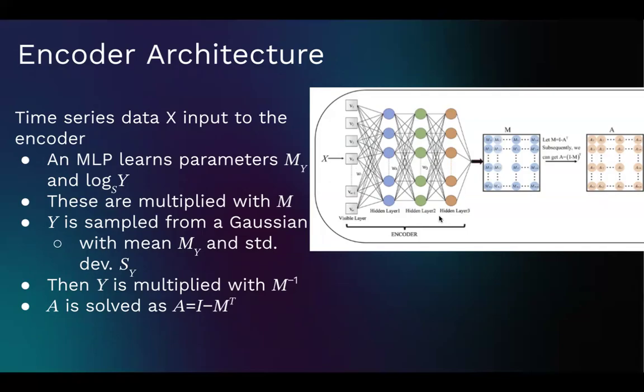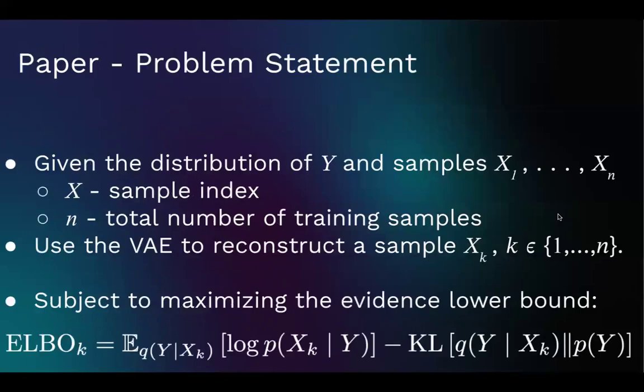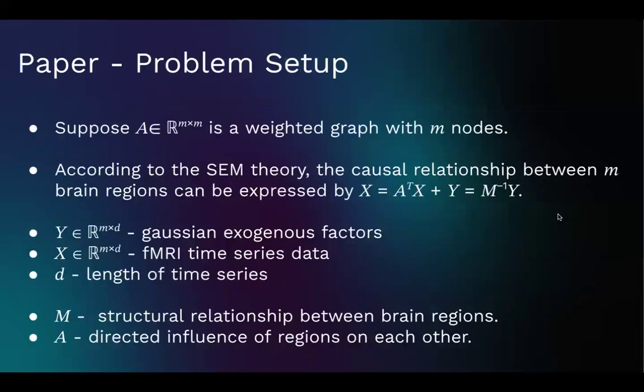Why is there a noise matrix? Based on the paper, it stated that the noise matrix represents the independent fluctuations, the exogenous factors.